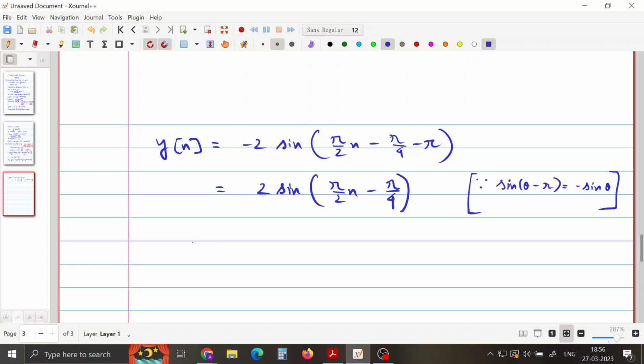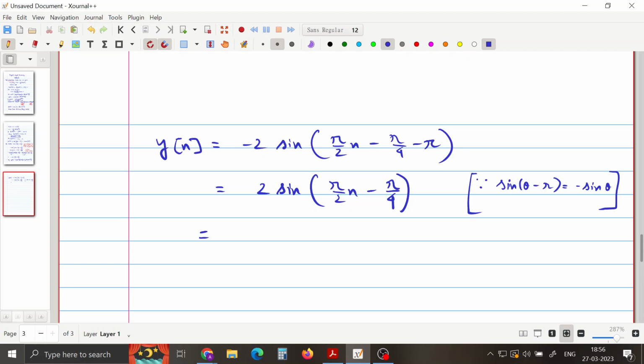Now what I will do is this. Here the frequency is pi by 2, and in our question the frequency was 7 pi by 2.